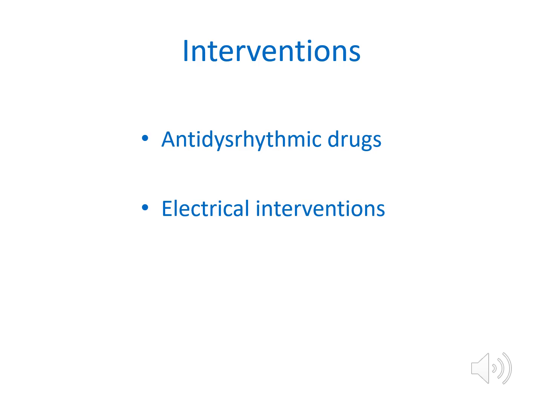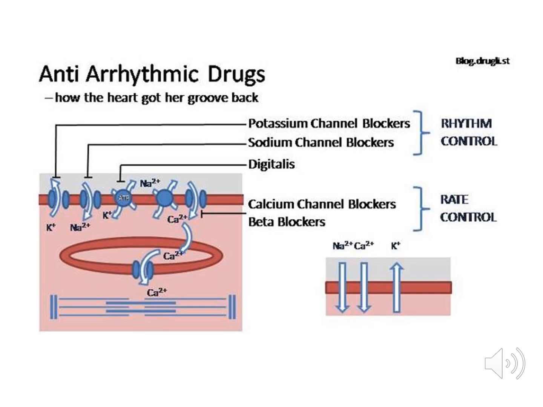Okay, let's talk about the antidysrhythmic drugs first. Now, I don't want to go into too much detail on the antidysrhythmic drugs because there are a lot of them. And when you start looking at how each of them works, it does get kind of technical.